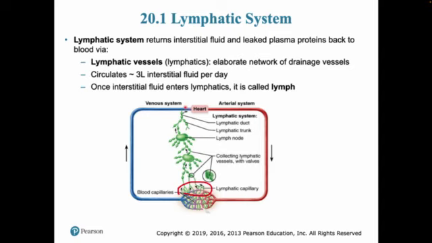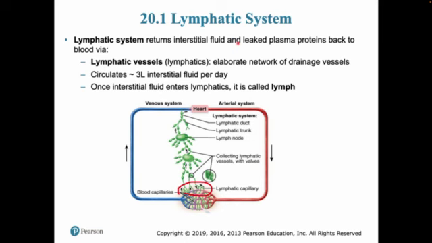And if you are confused about what exactly interstitial fluid is, that is the fluid between the blood vessels and the cells. So basically whatever is coming out of the cells, that is the interstitial fluid.